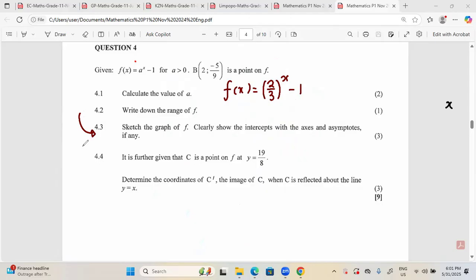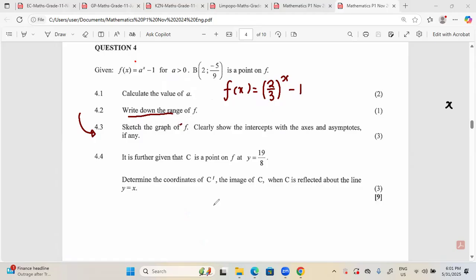Most of the time, guys, for you to understand the range carefully, remember 4.2 wants the range. But for you to understand the range carefully, you need to see the graph. Whenever you see the graph, you will be able to get the range so easily. So let us sketch the graph of f.